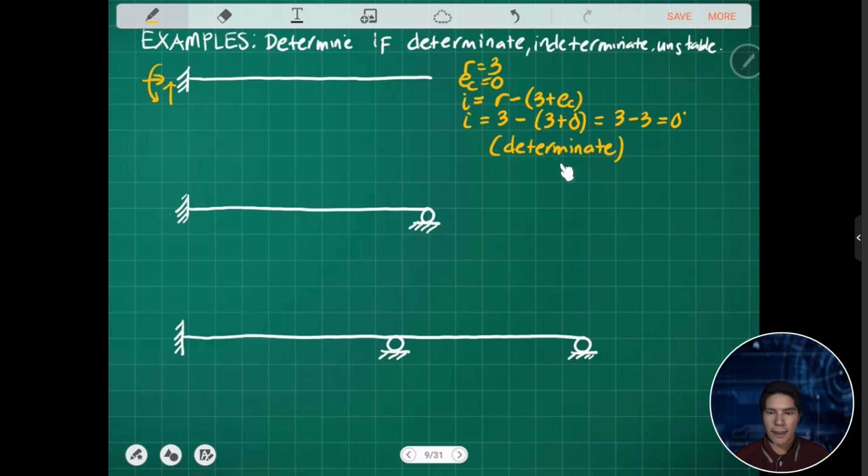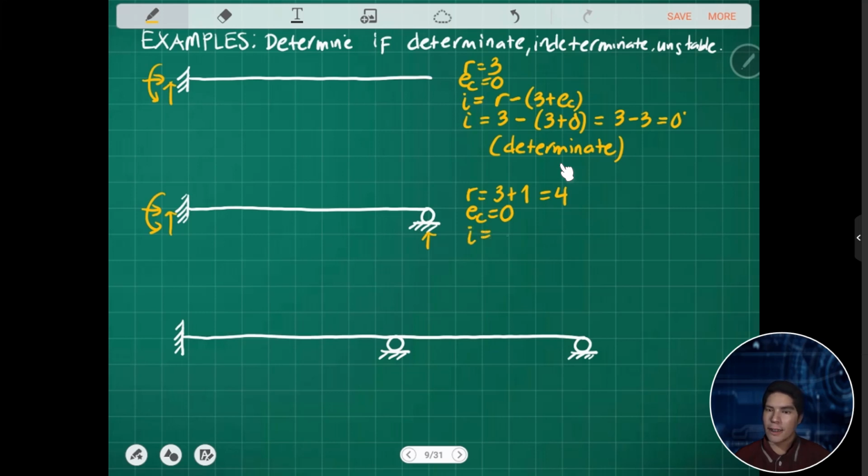So how about the propped beam? Again, we have 3 reactions at the fixed support and 1 reaction at the roller. So the total number of reactions is 3 for fixed and 1 for roller, so we have 4. For the conditional equation, there is no internal roller and internal hinge, that's why EC is just equal to 0.